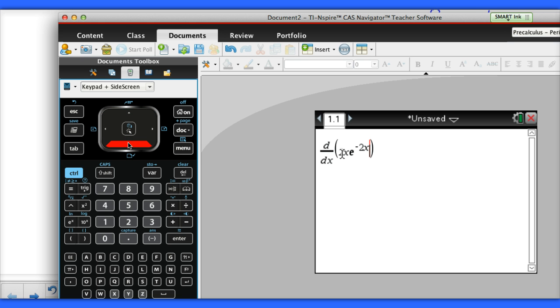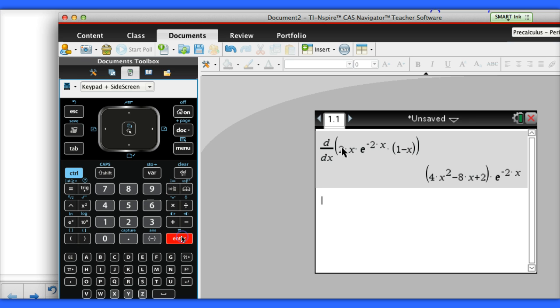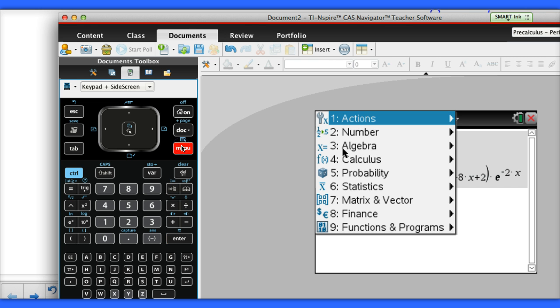And then 1 minus x. Okay, so there's our derivative. Let's put this equal to 0. Otherwise we'd have to do the quadratic formula to figure this out, but we'll use the calculator this time.